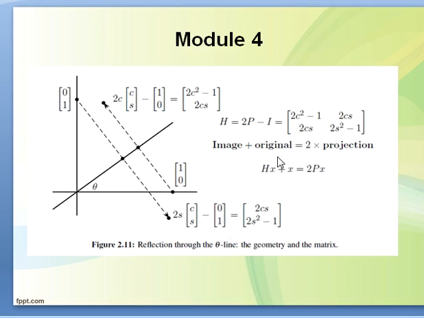So in this way, H is nothing but the reflection matrix, which is 2P, where P is the projection, minus I. So it is 2c square minus 1, as we saw here, 2cs for 1 0, and for 0 1 it is this value minus 0 1, it is 2cs and 2s square minus 1.